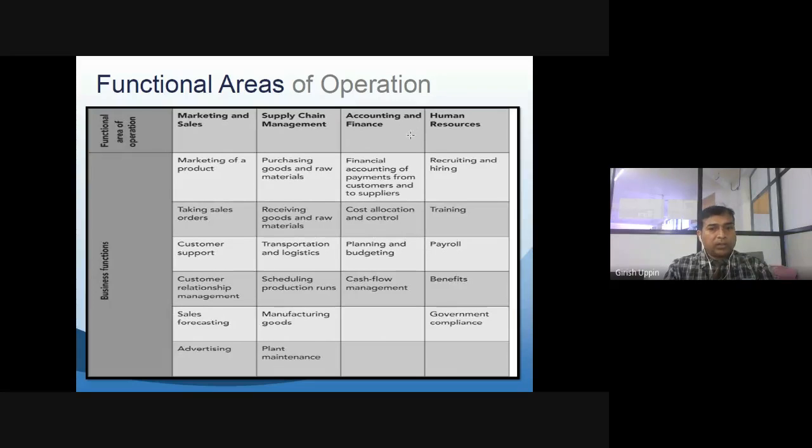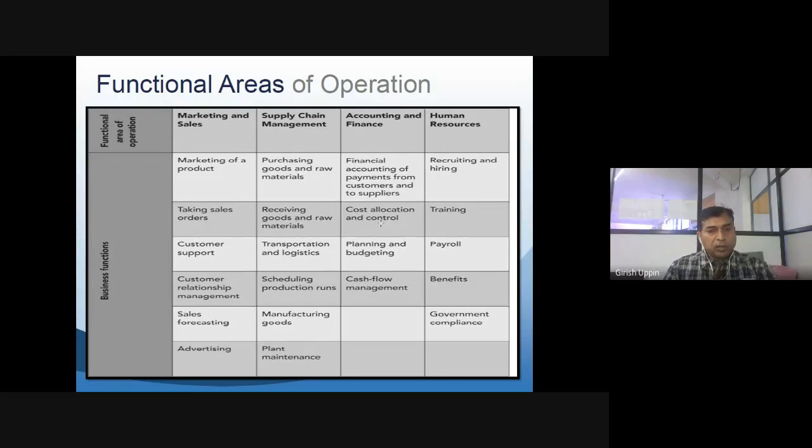Accounting and finance, financial accounting of payments from customers and to suppliers. One of the important things is getting payments from the customers and making payments to the suppliers. Cost allocation and control. So allocating the cost, whatever the cost that is incurred in the organization, and making sure that control is the mechanism, it is as per the requirement.